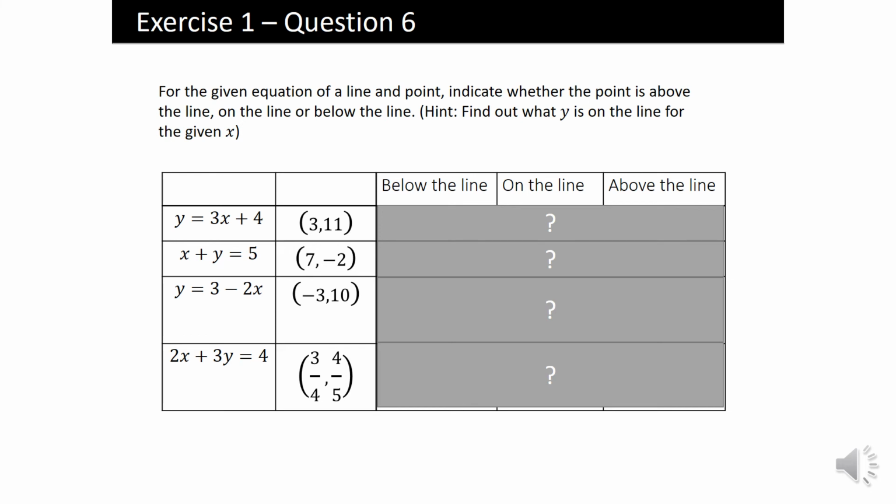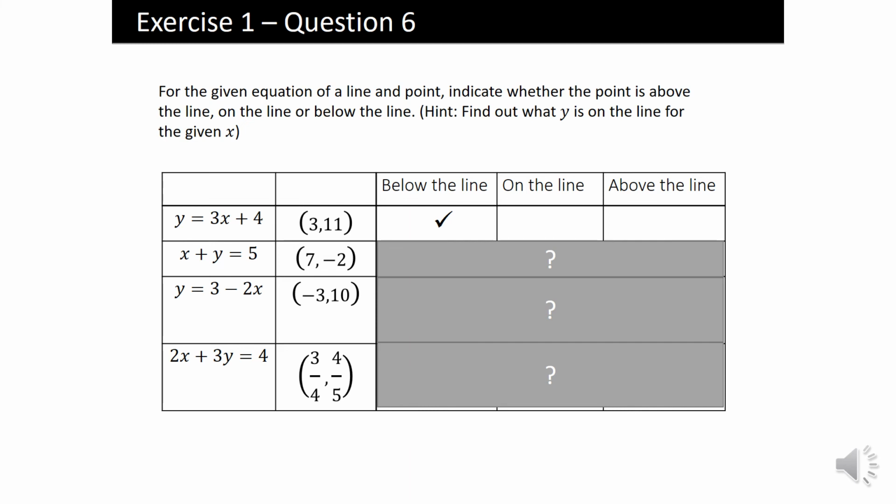So what you'd be working out is what coordinate the line goes through there, so that one would be below the line, because the line passes through 3, 13, this one the coordinate is 3, 11, so that is below. So this next one, x plus y equals 5, so you've got an x coordinate of 7, so we substitute in 7, so you've got 7 plus y equals 5, so if we rearrange that, that tells us y is minus 2.